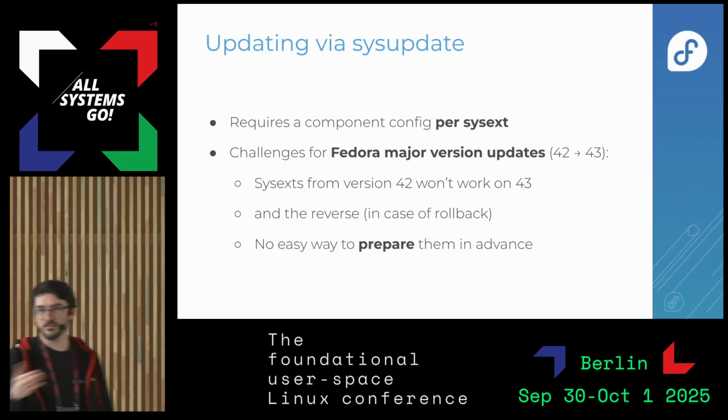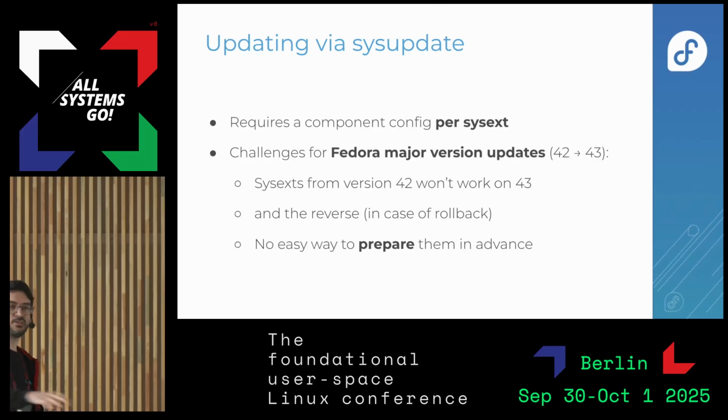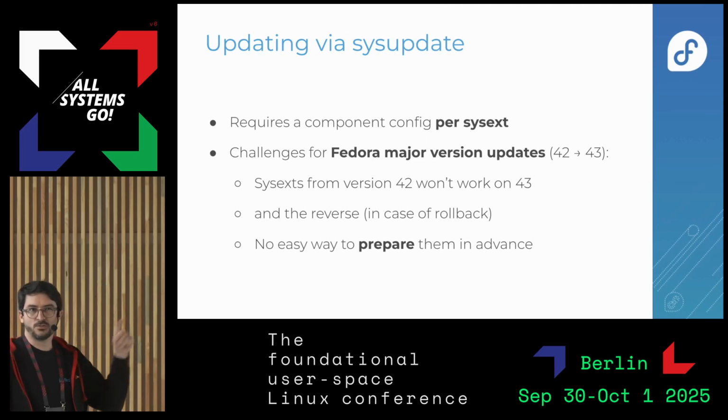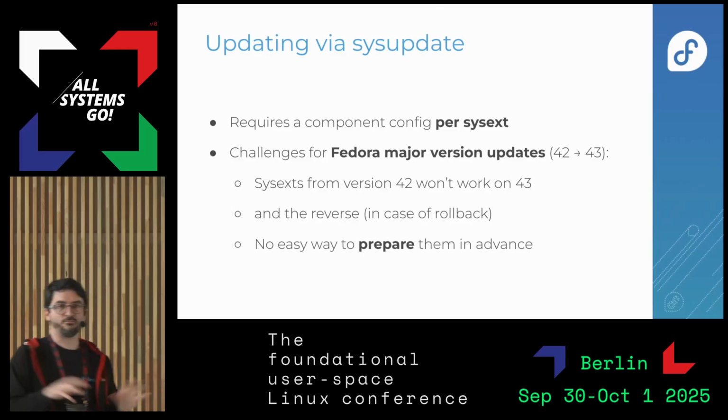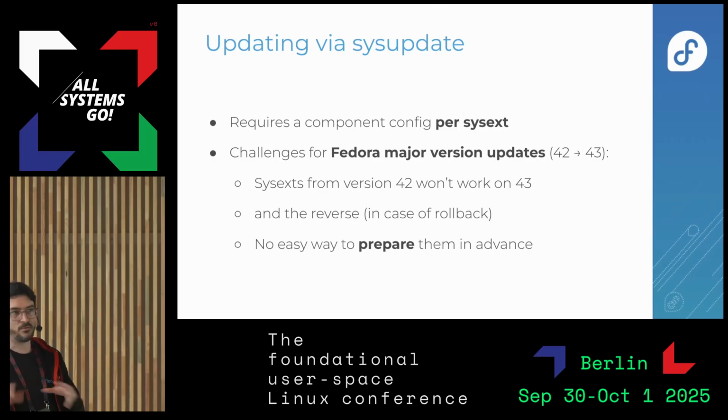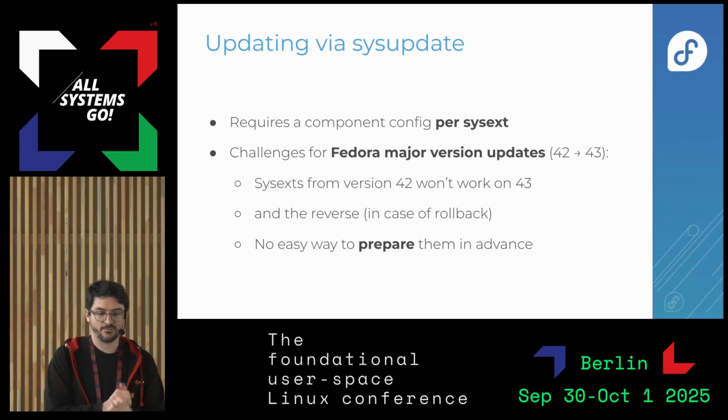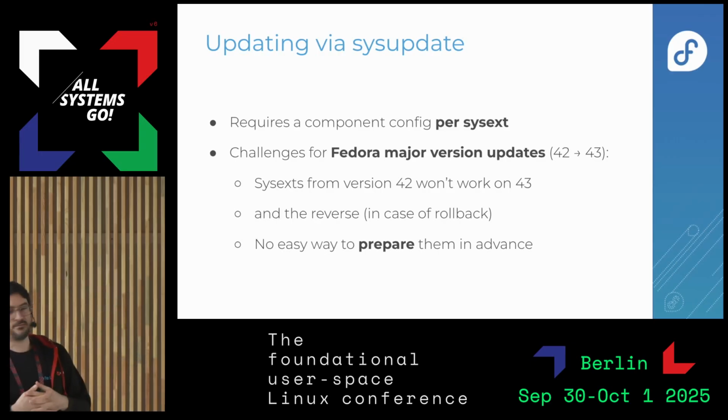If you rebase into 43, and then for some reason there's a bug in the kernel in 43, and you need to go back to 42, then you don't want to have the 42 ones disabled there, etc. And so it gets into this tricky management of which version should I use and enable, and when, and how does sysupdate know which version to download. So right now it's not there.